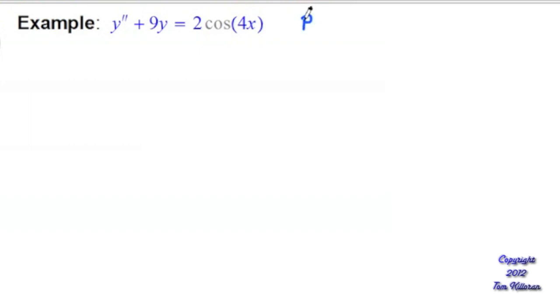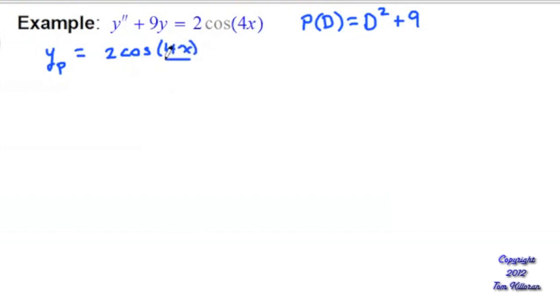We're going to do our p of D first, and p of D in this case is D squared plus 9. Nice simple one. And we're going to use our little formula to find the particular solution. It's going to start off with this thing over p evaluated at beta. So I'm going to start off writing it as 2 cosine of 4x divided by p of beta.